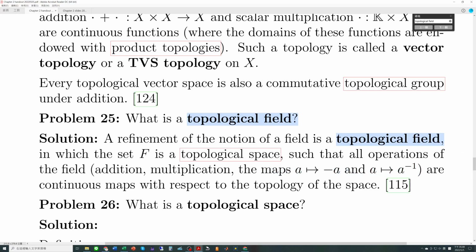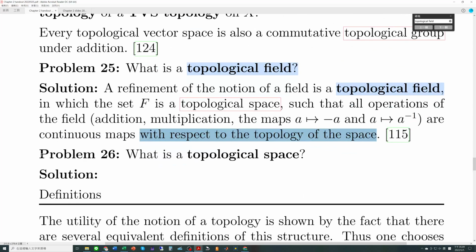Okay, we know that negative A is called the additive identity of A, and A to the power of negative 1 is called the multiplicative identity of A, are continuous maps. Okay, what is a continuous map? A continuous map is a continuous function. They are the same thing with respect to the topology of the space.